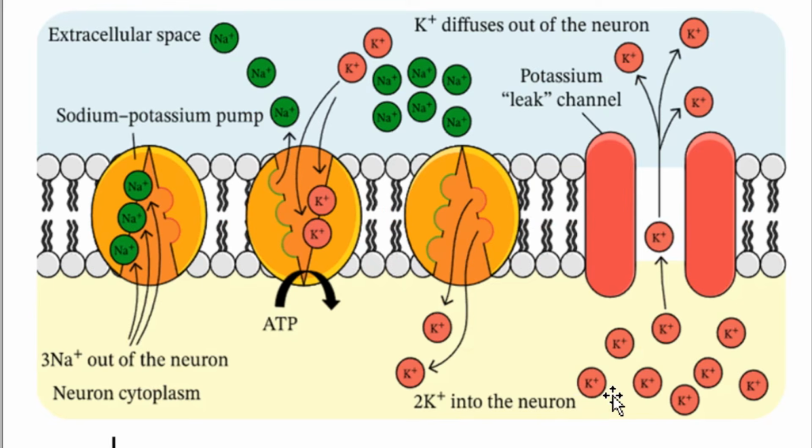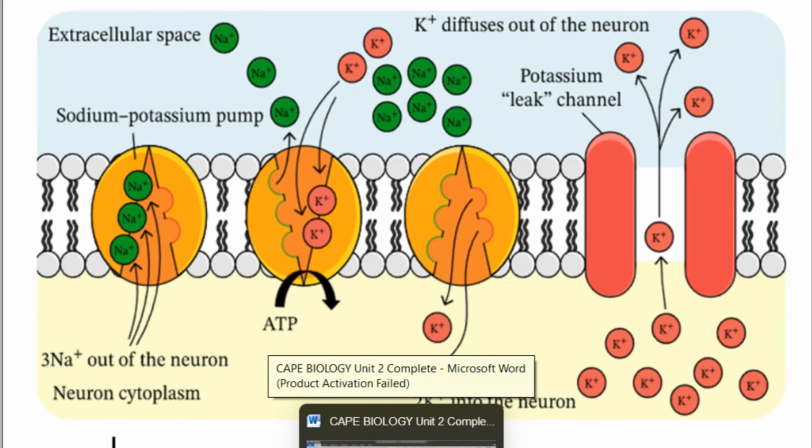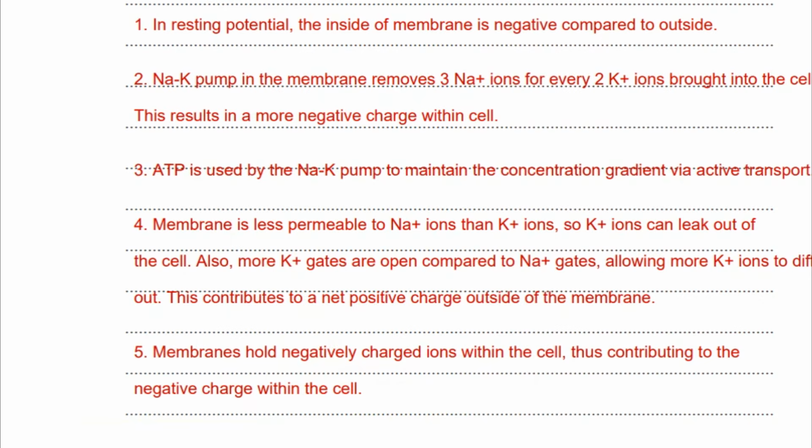And what these contribute to is the movement of more potassiums out, which is of course leading to more negative charge inside here because it's losing positives. Membranes hold negatively charged ions within the cell, thus contributing to the negative charge within the cell. So all of these here contribute to this negative voltage inside.